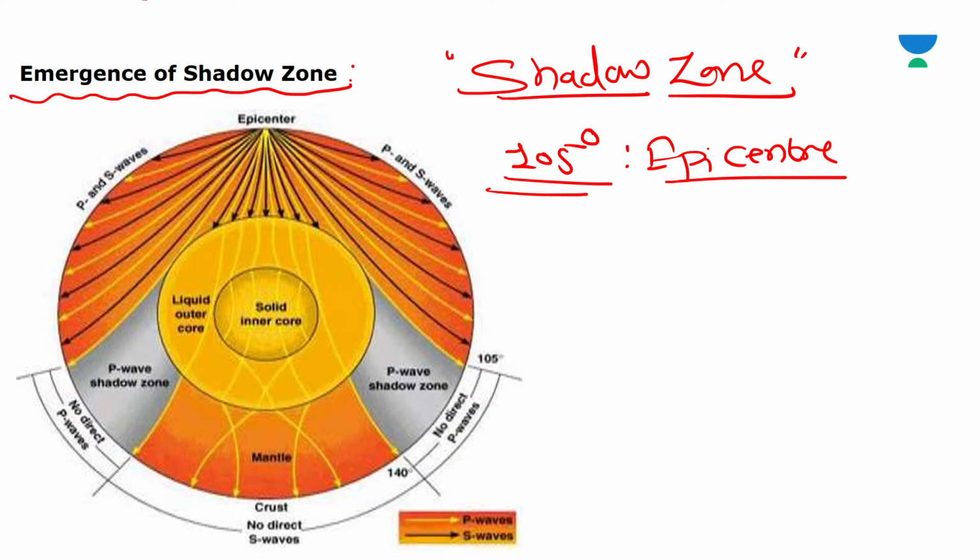However, the seismographs located beyond 145 degrees from the epicenter record the arrival of P waves but not the S waves. So the zone between 105 degrees to 145 degrees from the epicenter was identified as the shadow zone for both types of waves.